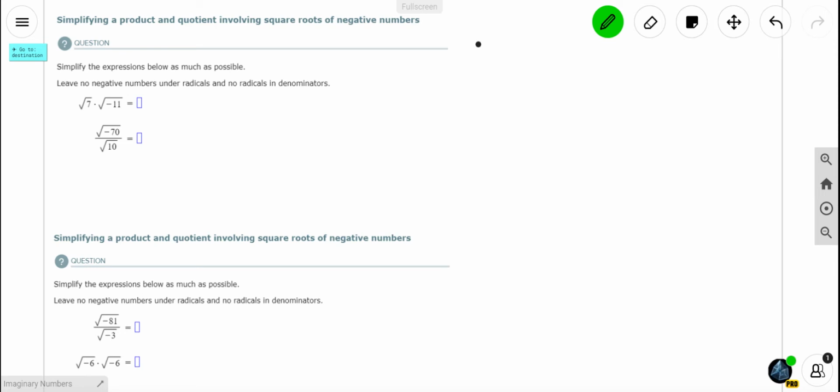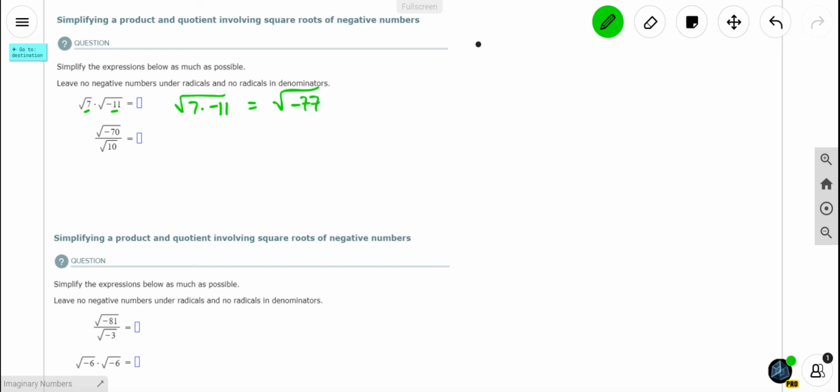Basically, what we're going to do is multiply underneath the radical. I always say, if the radical is in the house, leave it in the house until you get the square root. So you operate underneath the radical. This becomes 7 times negative 11, and that's negative 77.